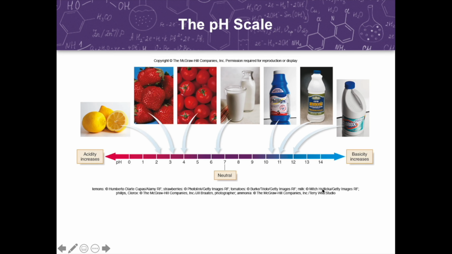Here are some of the pH of our common household substances and some fruits. As you can see, the pH of many fruits is less than 7, making them acidic. Many cleaning agents such as household ammonia and bleach are basic, which have a pH of greater than 7.